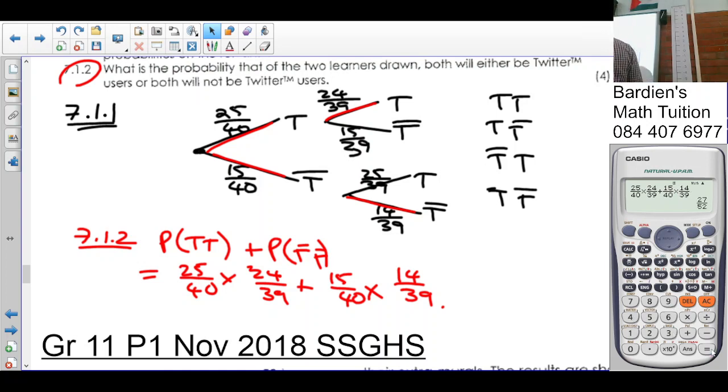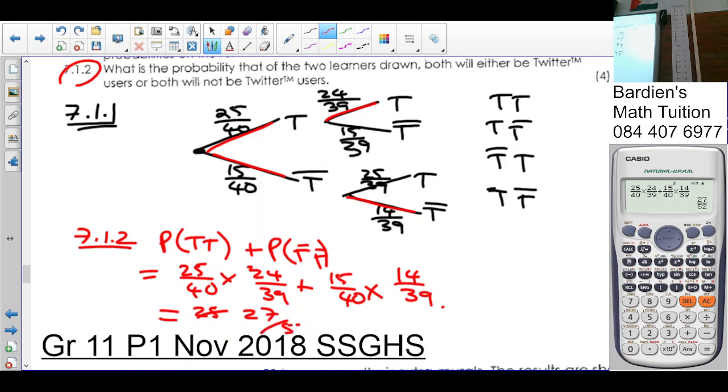That will give you 27 out of 50, or 0.52, or 51.92%. It's all the same thing. Is that correct? Okay. Any confusion here? No?